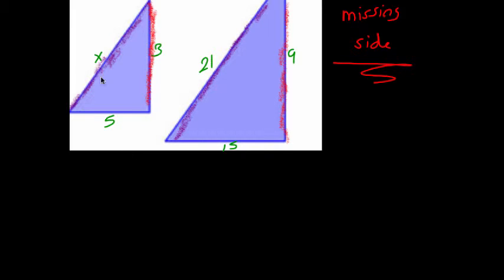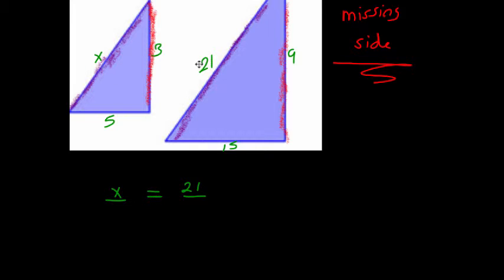Alright, so we're going to start with this left triangle because it is listed or drawn first. I'm going to start off with my proportion, which is an equal sign and two fractions. So I'm going to put the x over here, and its corresponding side, which is the 21, needs to go across from it. Do you see how we did that?